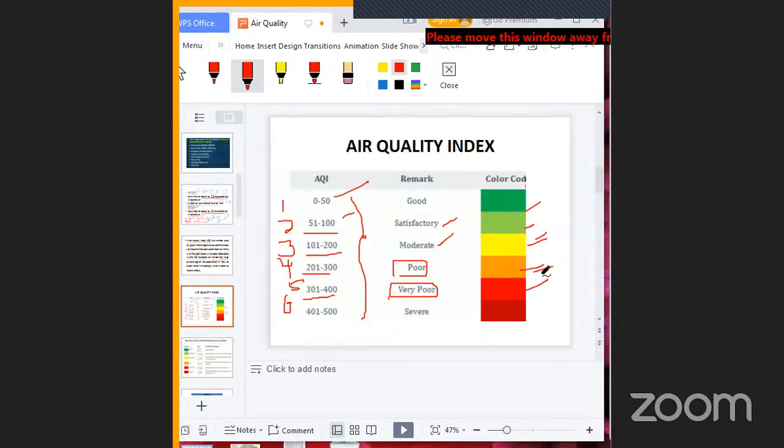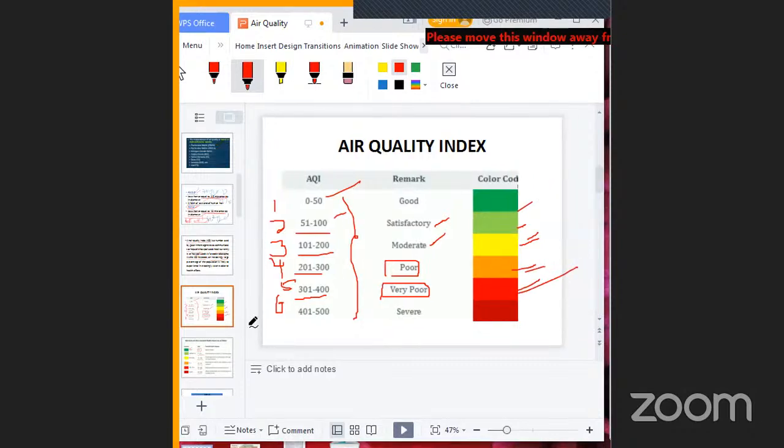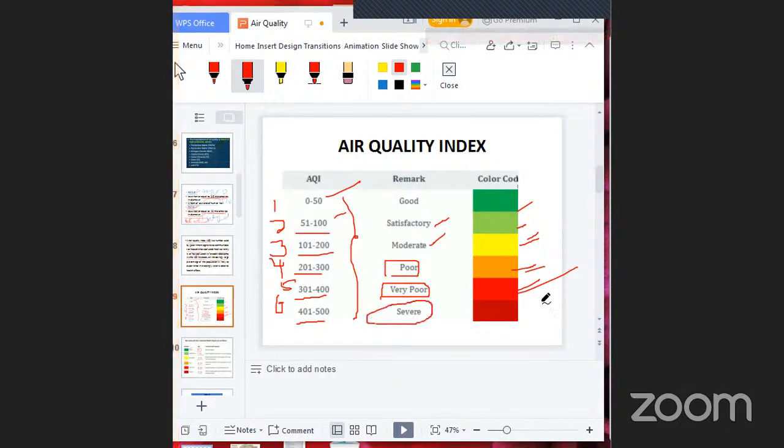And lastly, when it is 401 to 500, it is severe, mostly dangerous, and this color is maroon.